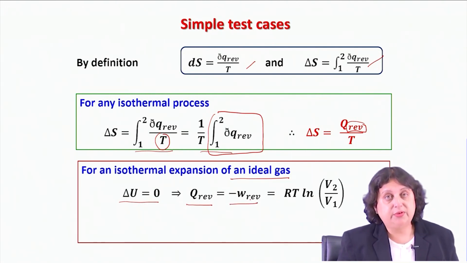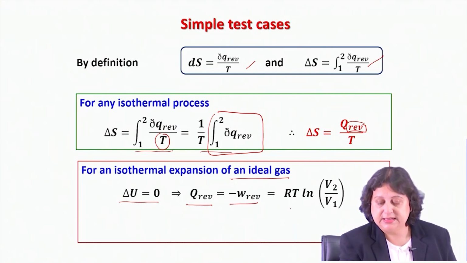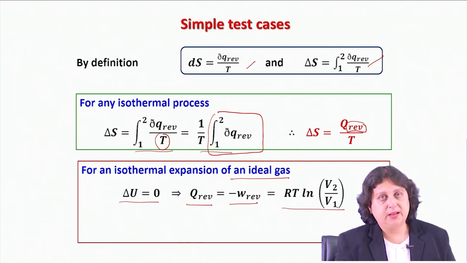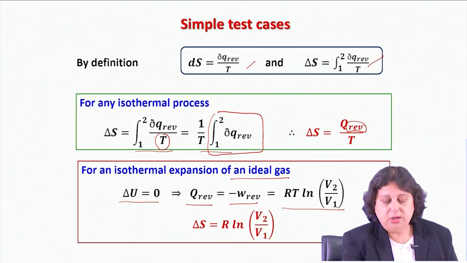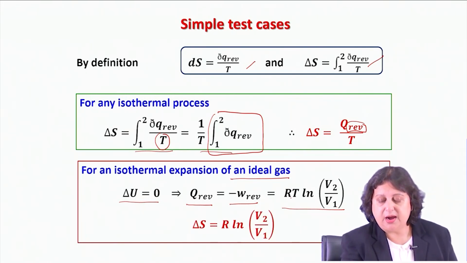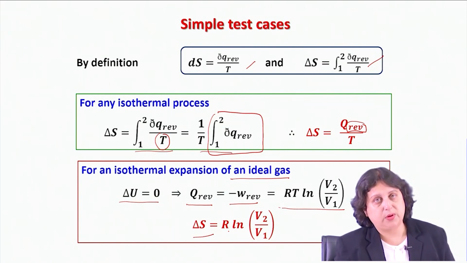Now, what is W reversible for an isothermal expansion of an ideal gas? We have already learned how to write it down. For 1 mole of this ideal gas, this is the expression. Therefore, I can very easily write that Q reversible by T would be RT ln V2 by V1 divided by T, and correspondingly, delta S is going to be given by R ln V2 by V1.